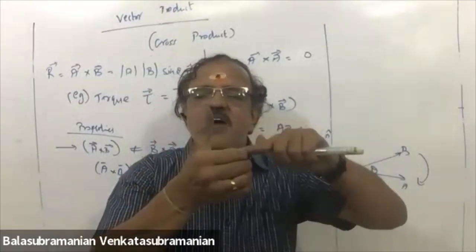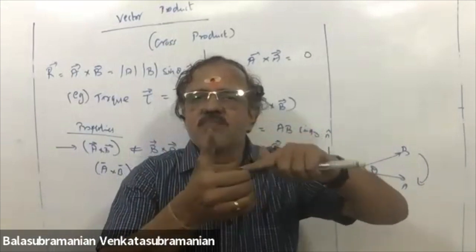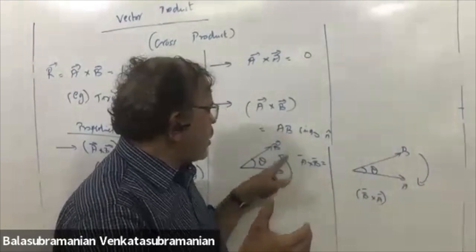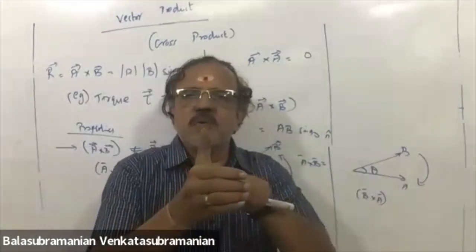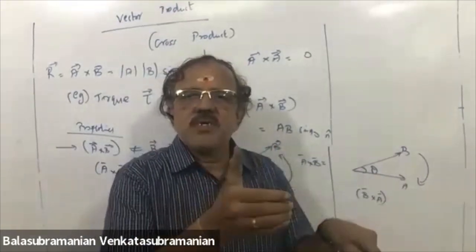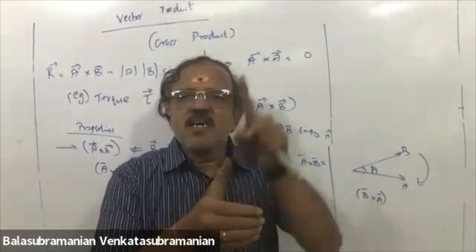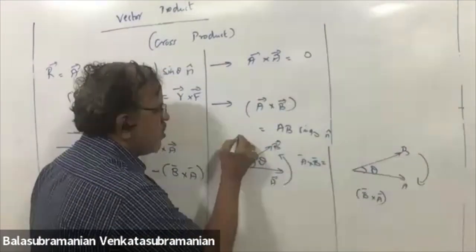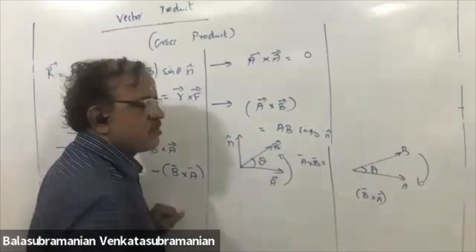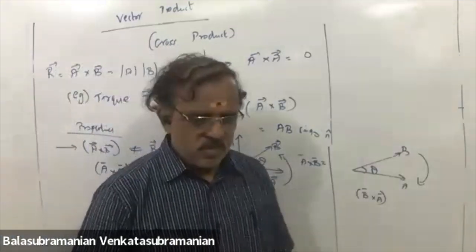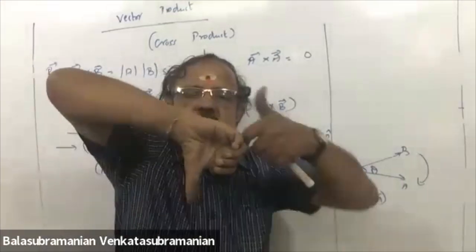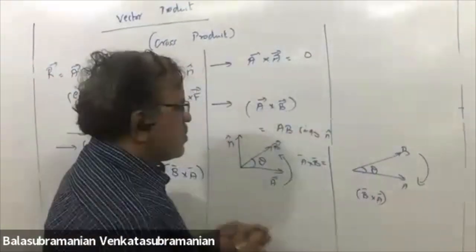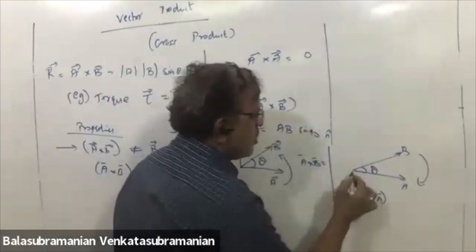The direction of curling of the fingers represents A cross B. See the resultant direction: upwards, n cap. For B cross A, it is downwards.